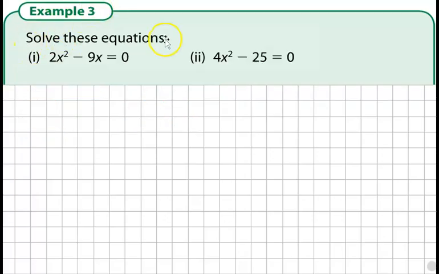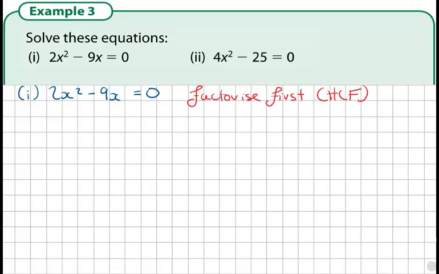Example 3. Solve these equations. 2x squared minus 9x equals 0 and 4x squared minus 25 is equal to 0. Part 1. 2x squared minus 9x is equal to 0. So we're going to factorize first, and this time we'll use the HCF method, the highest common factor method.